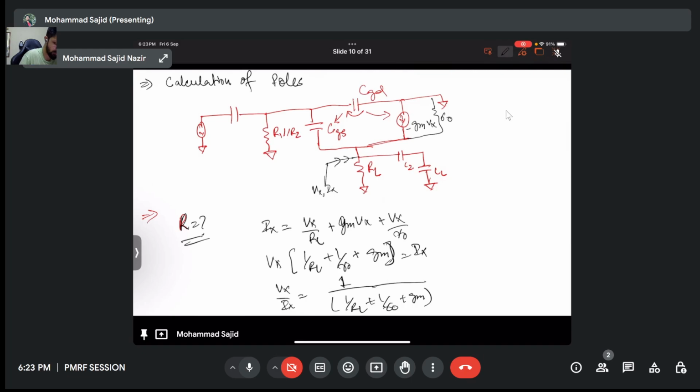So this is the resistance which we need to calculate, the effective output resistance.